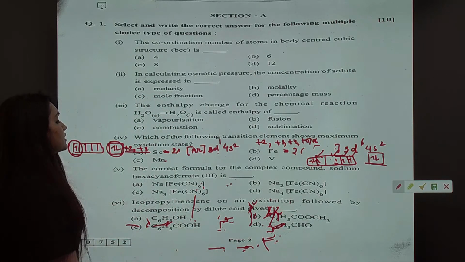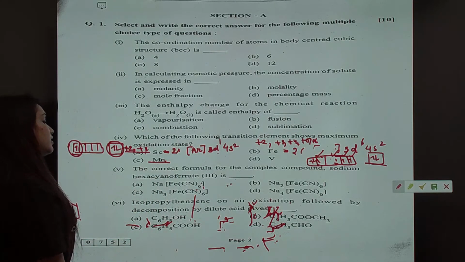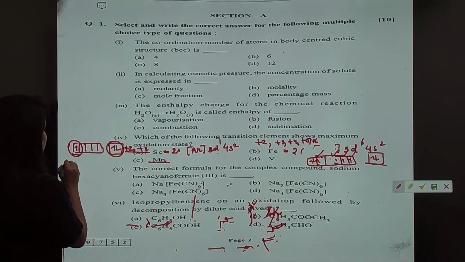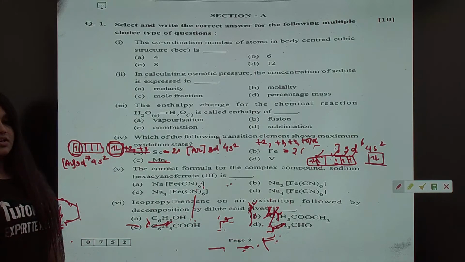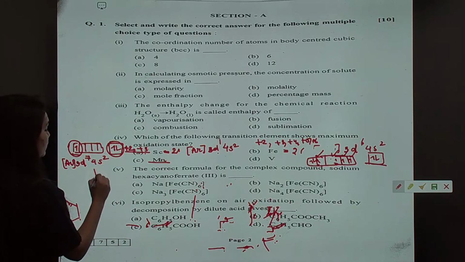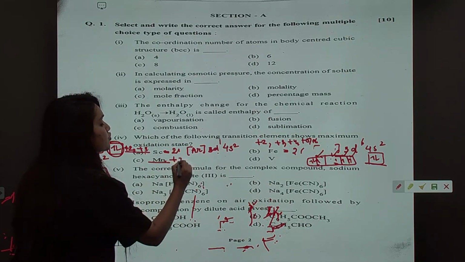Moving on to the oxidation state of Mn, again based upon the electronic configuration. The configuration will be Ar 3d5, 4s2. So let's again find out the unpaired electrons. 2 will go from here, so it's +2.